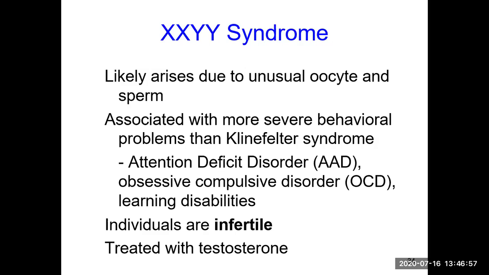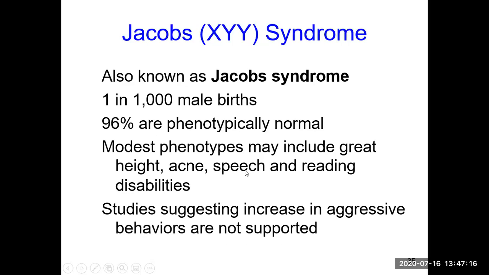XXYY syndrome is a male individual, infertile. Usually doctors try to treat this person with testosterone. In addition to other behavioral problems, this individual would also have OCD, obsessive compulsive disorder, and ADD, attention deficit disorder.